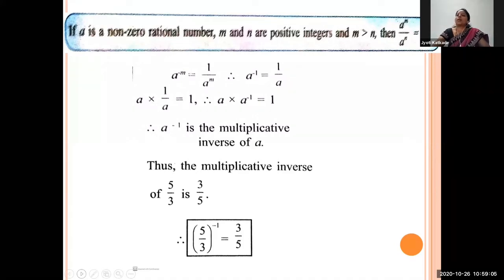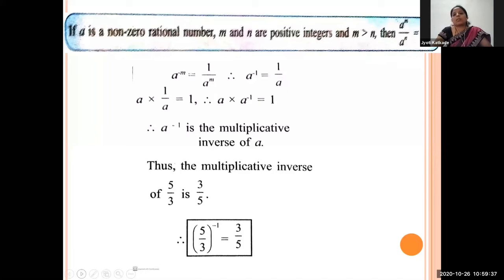A raised to minus 1 means 1 upon a raised to 1, according to our rule. But when the power of any number is 1, we get that number. So we get 1 upon a.